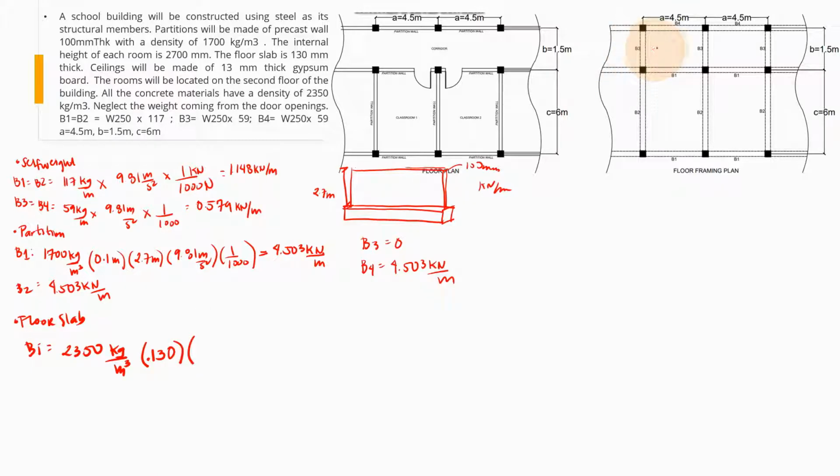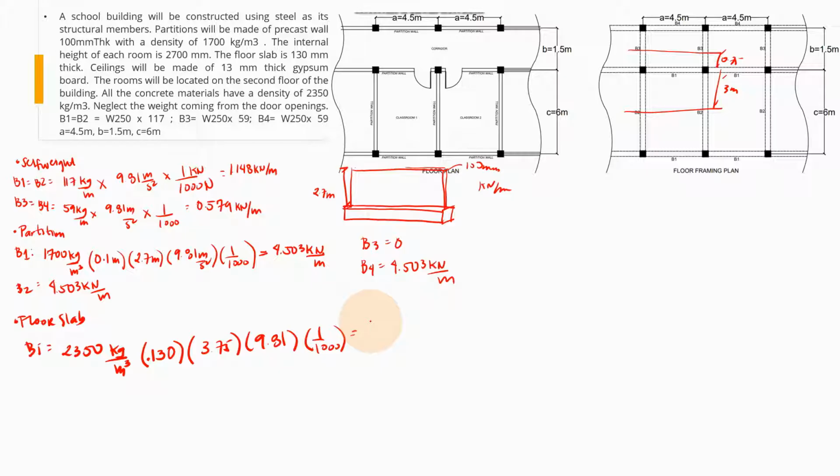And then, multiply natin yung tributary width. So, yung tributary width ng beam 1 is half of this portion. So, we have here 0.75 and then at this part which is 3 meters. So, 3.75 meters yung kanyang tributary width. Multiply natin siya ng 9.81 and then, i-divide natin siya by 1,000 para maging kilonewton per meter.